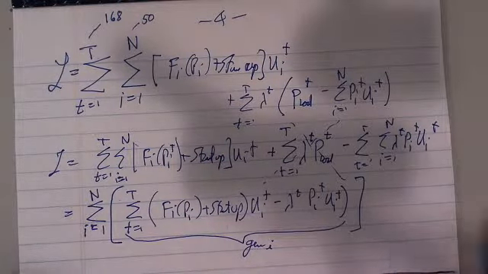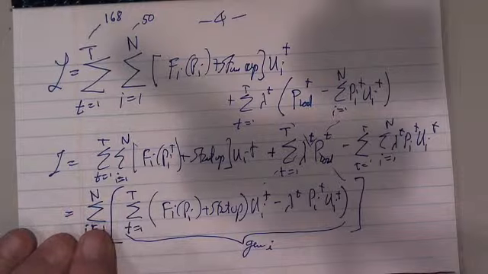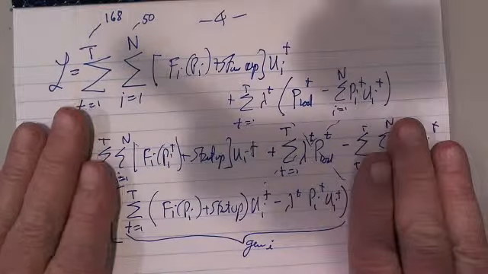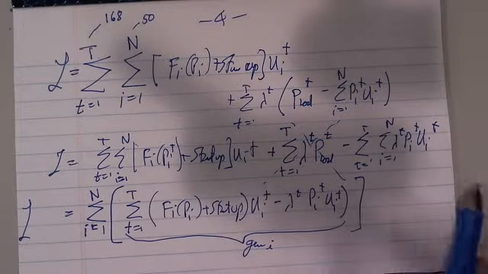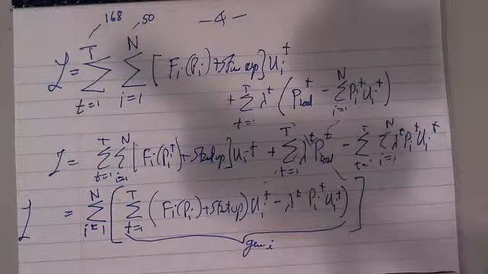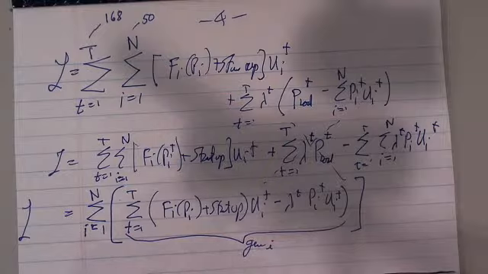And then I just do it for every generator. I sum it over all the generators. But when I'm looking at this thing, this is our Lagrangian. I only look at generator I. I don't have to know anything about what's happening with the next generator. And what we've done is we've separated over the generators. Okay, and so let me say the following.